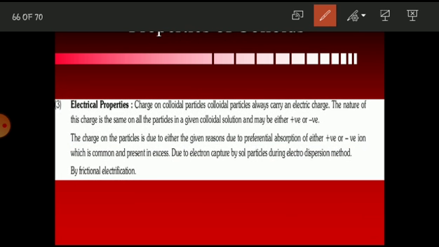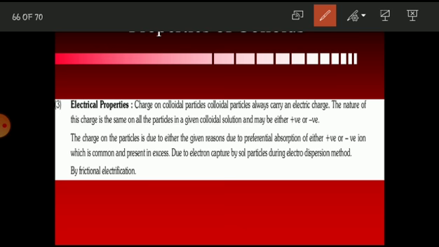The charge on the particle is due to the preferential adsorption of positive or negative ions which are common and present in excess. If the positive ion is present in excess, then the charge on the colloidal particle is positive. If the negative ion is present in excess, then it is negative.